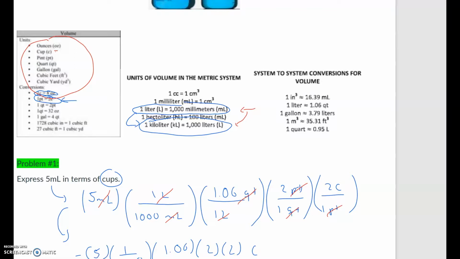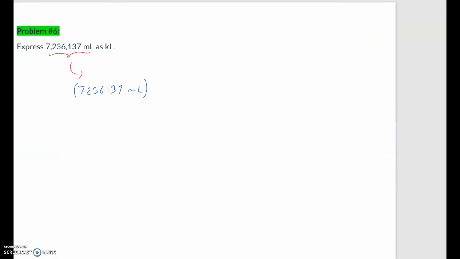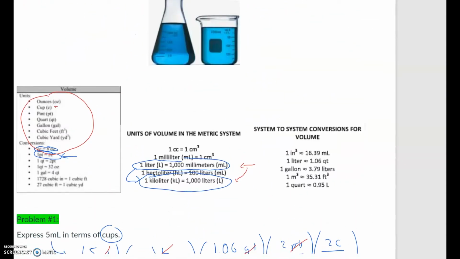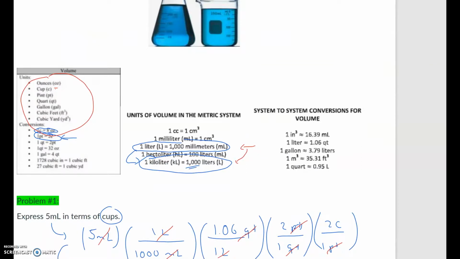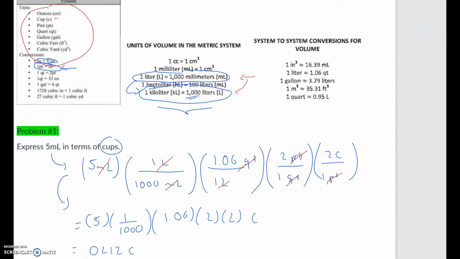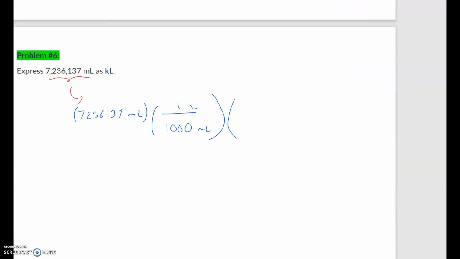That would be 1,000 milliliters is 1 liter. And then let me check the last one. The last one was 1,000 liters is 1 kiloliter. So 1,000 liters is 1 kiloliter.